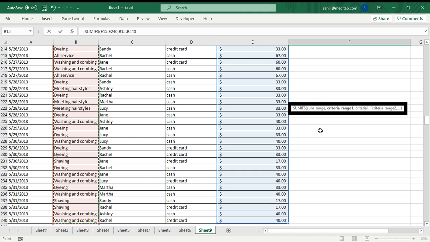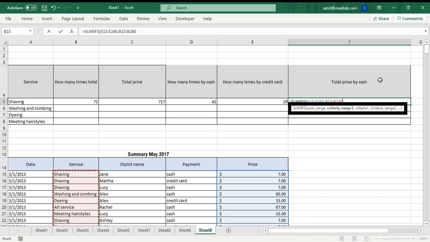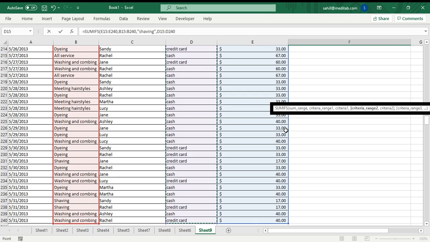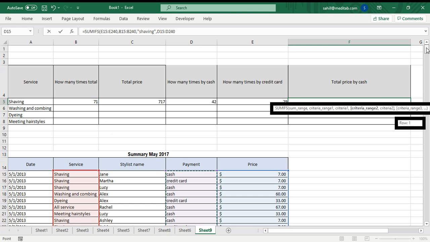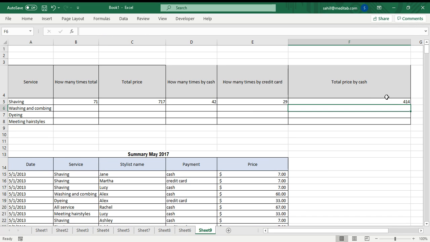Two criteria and two criteria ranges. The criteria range should be the service column with shaving, and the payment mode should be cash. So I am selecting CASH. Okay, I am closing it. See, 414 is the total price for people who opted for the service and paid by cash.